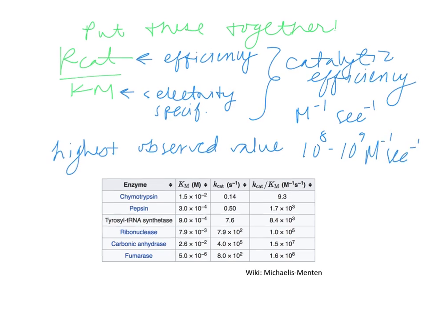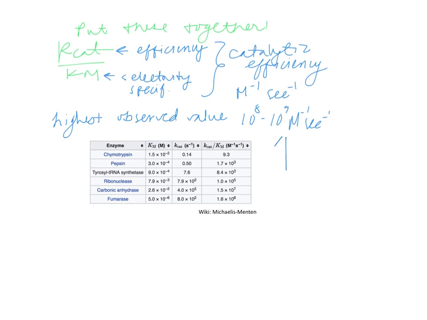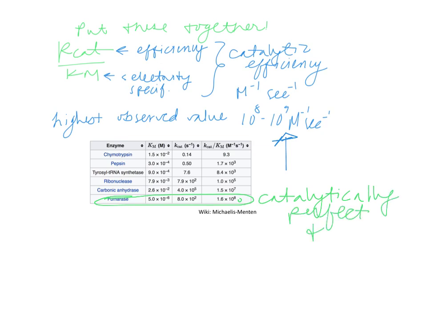And the reason for that is that if you have an enzyme like fumarase right here, which has a kcat over Km of 10 to the 8th, we call this catalytically perfect. And this enzyme is diffusion controlled.